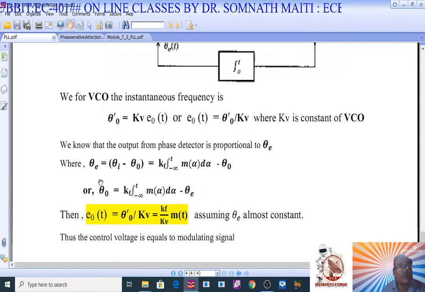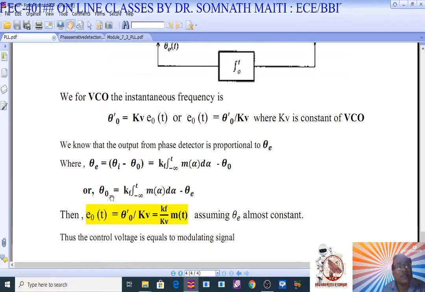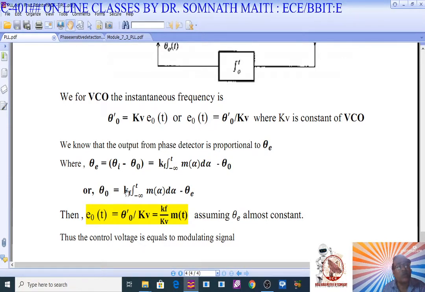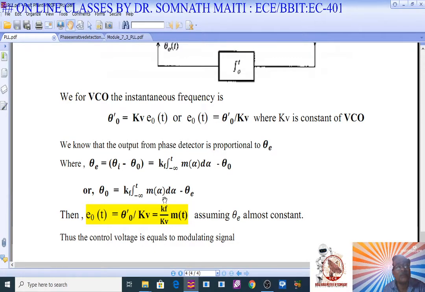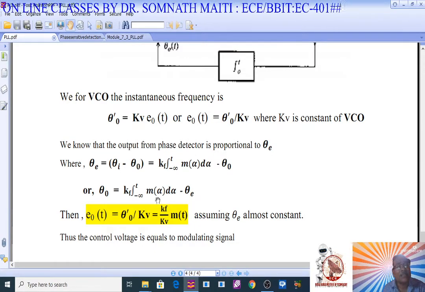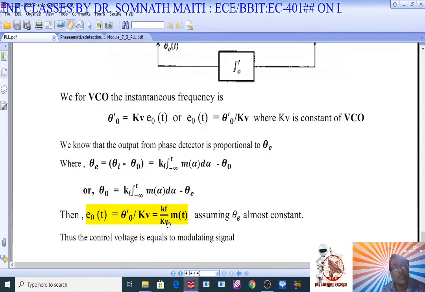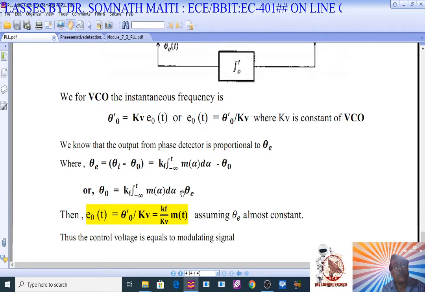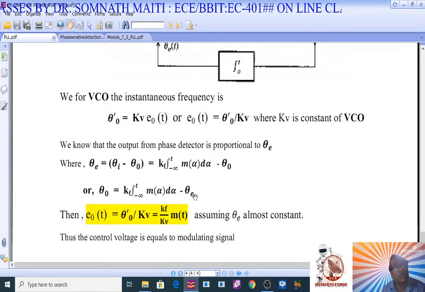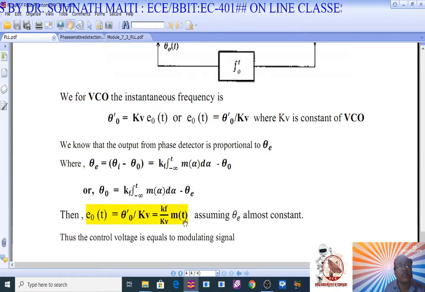Now if you differentiate theta 0 t, what will you get? Theta 0 dot will be kf into m t. Substitute that kf into m t here, so kf by kV into m t. Here we assume theta e is very small, so E0 t equals kf by kV into m t.